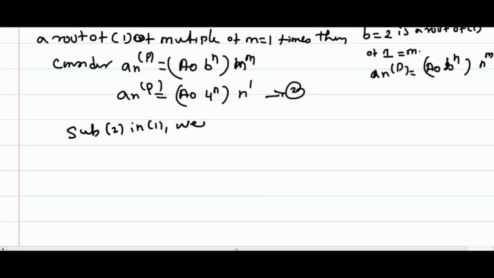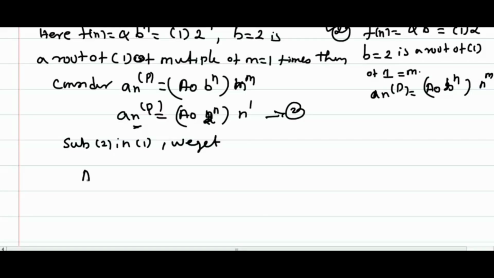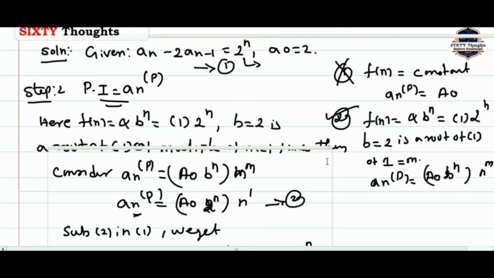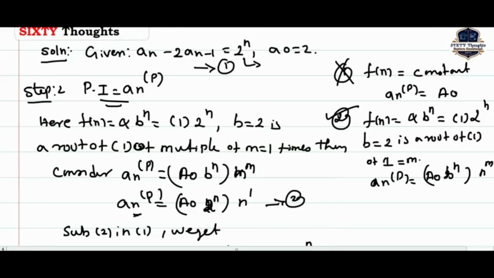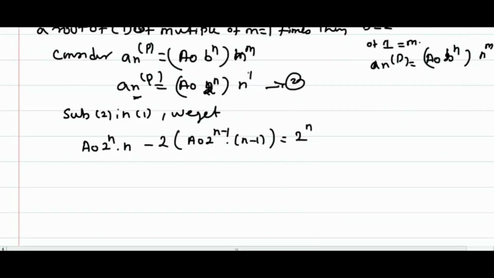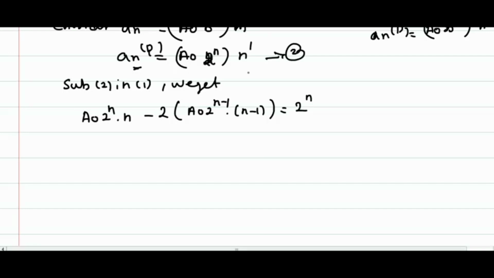So we get a_0 · 2^n · n minus 2 · a_0 · 2^(n-1) · (n-1) equal to 2^n. Here you see equation number 1: 2 into (n-1), 2 power n. Solving this, we get the final answer.